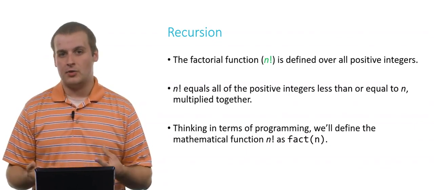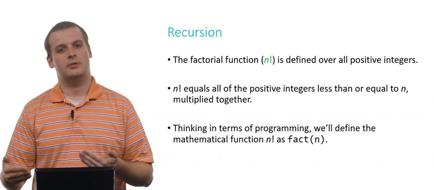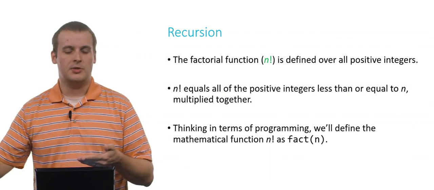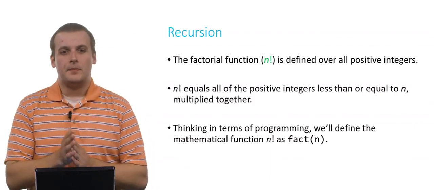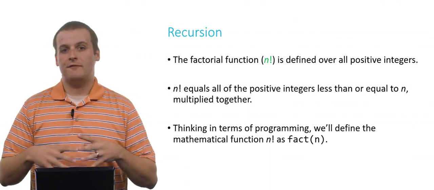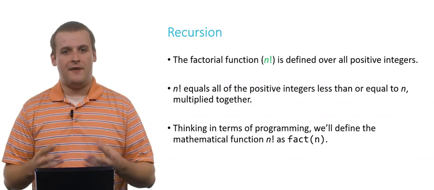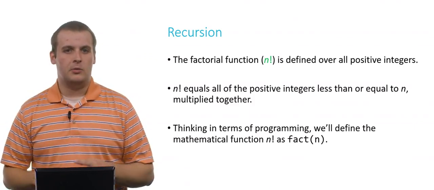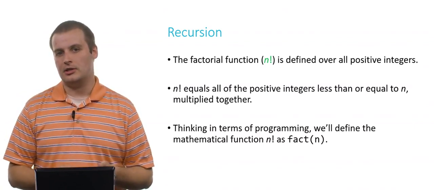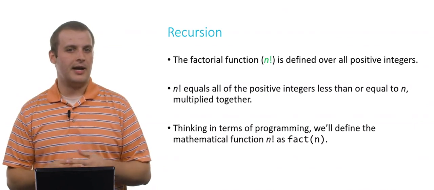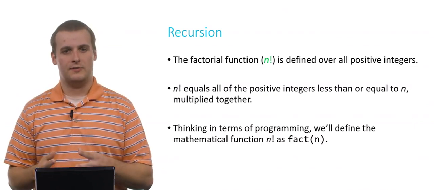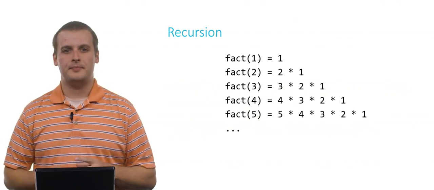So 5 factorial is 5 times 4 times 3 times 2 times 1, and 4 factorial is 4 times 3 times 2 times 1, and so on. You get the idea. As programmers, we don't use n exclamation points, so we'll define the factorial function as fact of n. We'll use factorial to create a recursive solution to a problem, and I think you might find it's a lot more visually appealing than the iterative version, which we'll also take a look at in a moment.